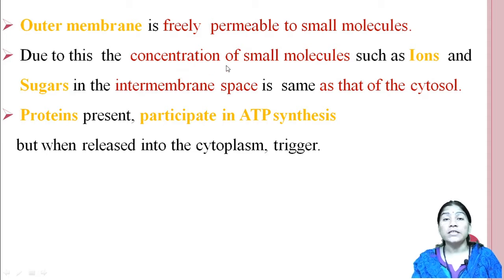Due to this, the concentration of small molecules such as different ions and sugar compounds in the intermembrane space is the same as that of the cytosol.